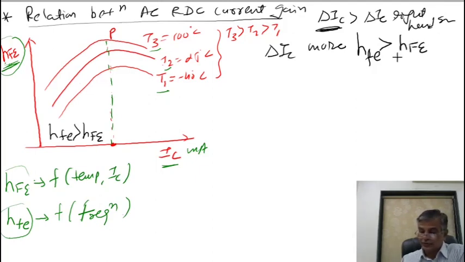If you are confused, you can write this as beta DC, for this region.